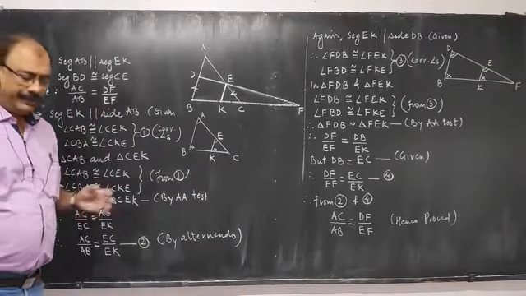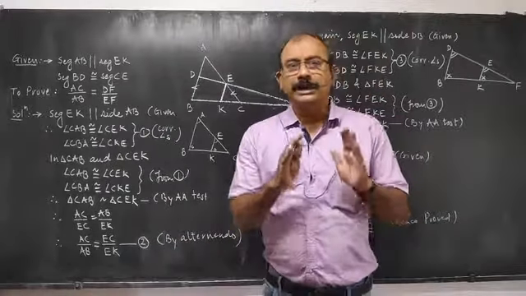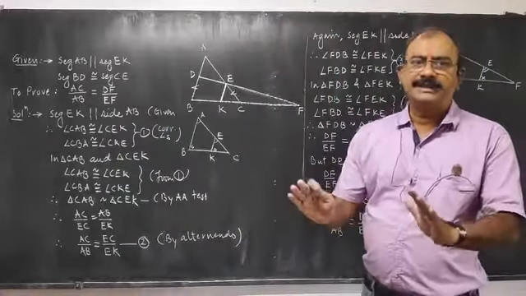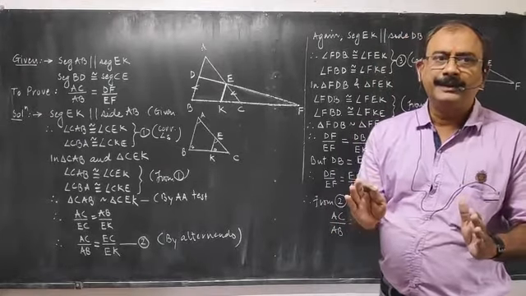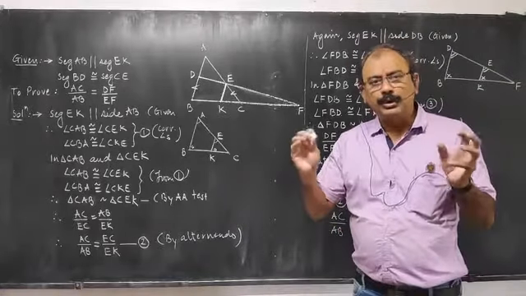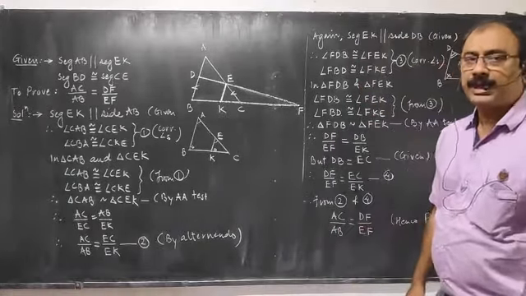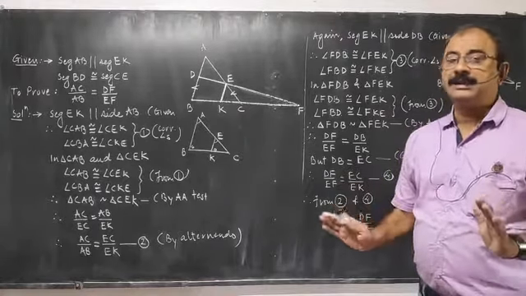So we have seen a previous example also. What I realize is that the previous example and this example are mostly based on similarity of triangles, having more or less the same logic. But definitely without practice getting the result will be difficult.